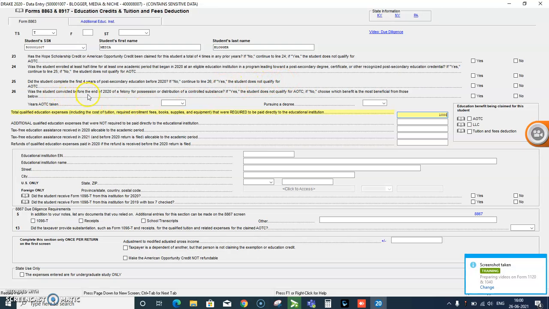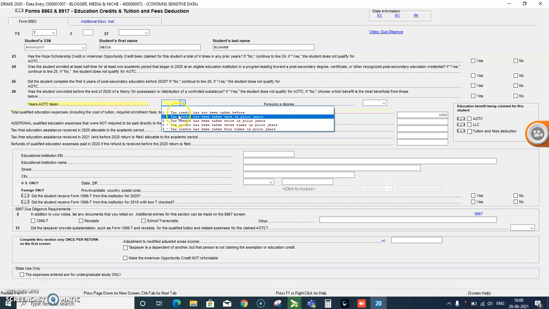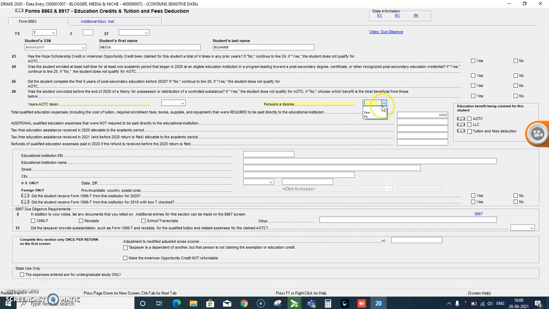Was the student convicted before the end of 2020 of a felony for possession or distribution of a controlled substance? If yes, the student does not qualify for AOTC. If not, choose which benefit is the most beneficial from those below: AOTC, American Opportunity Credit, taken. You have to tick which one applies, and pursuing a degree, yes or no.